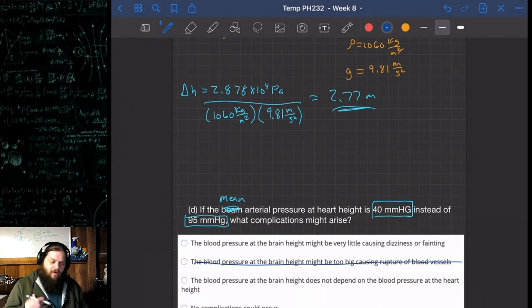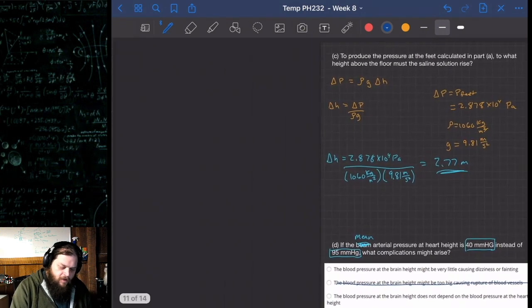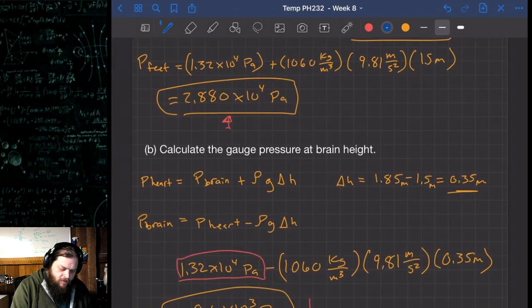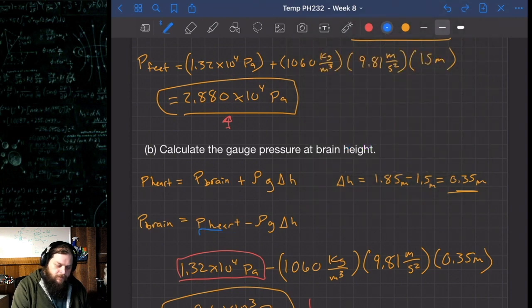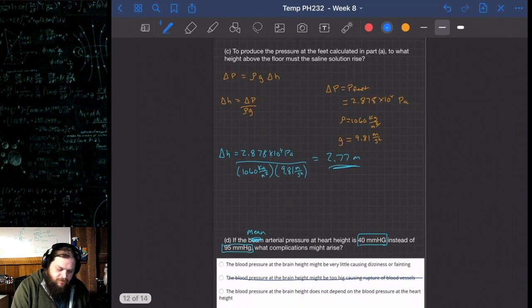If the heart pressure goes down, you see how to solve for the brain height, we had to start with that heart blood pressure. This guy here. So if that's going down, the brain pressure is going to go down as well. So I don't like this one.